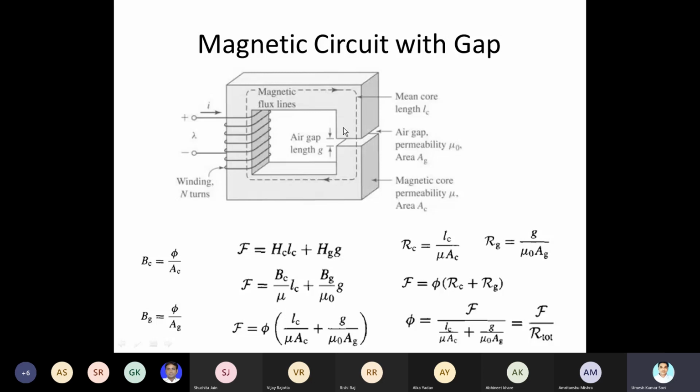तो यहाँ पे हम देखते हैं कि total MMF is equal to the MMF in the whole of the core material and MMF in the air gap.